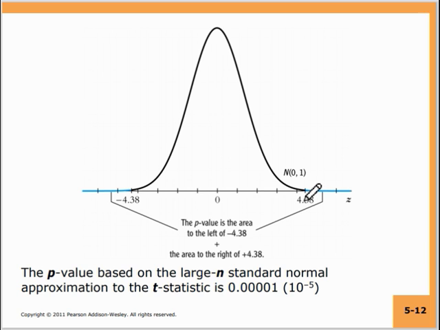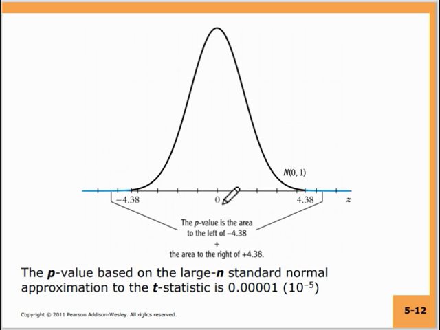Or you could say that given that you have arrived at a value of minus 4.38 in this particular case, what is the probability of having arrived at an even more extreme value if your null hypothesis were true?